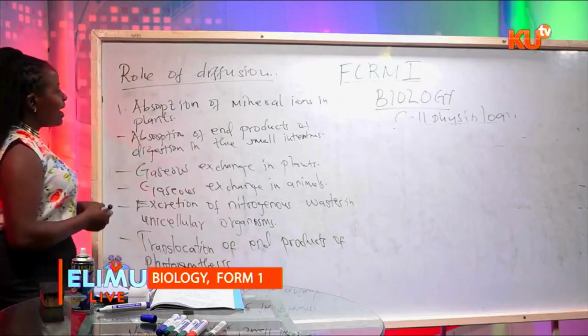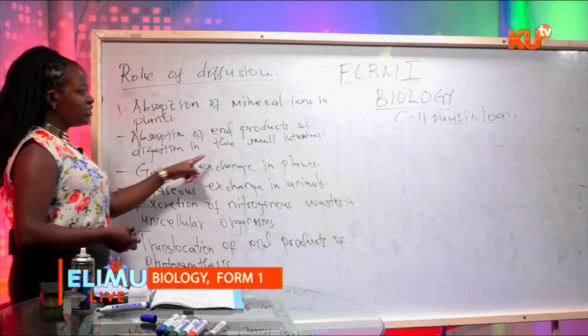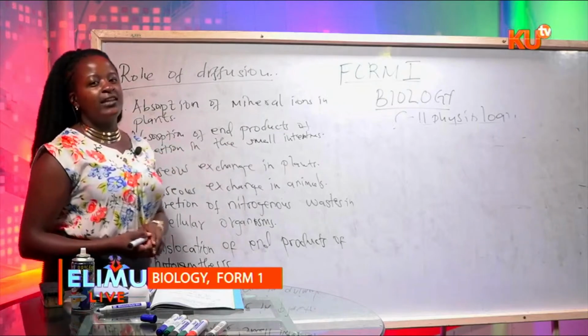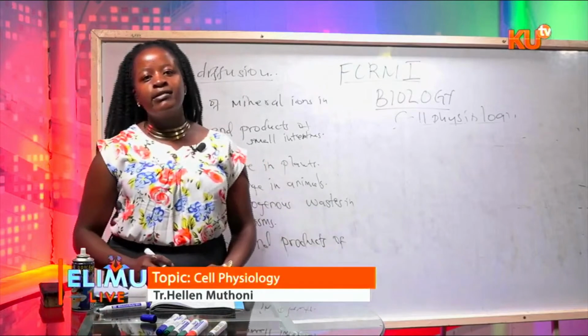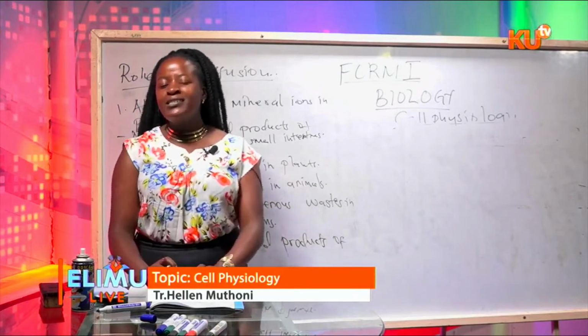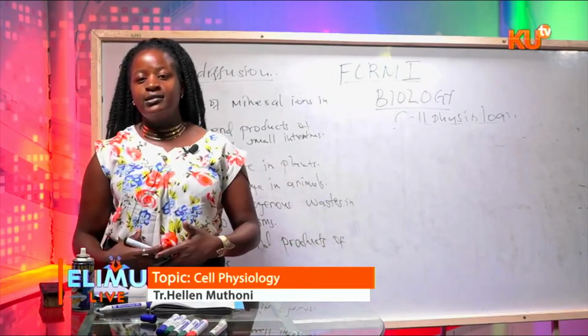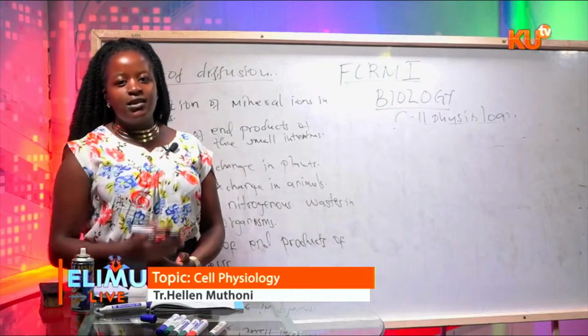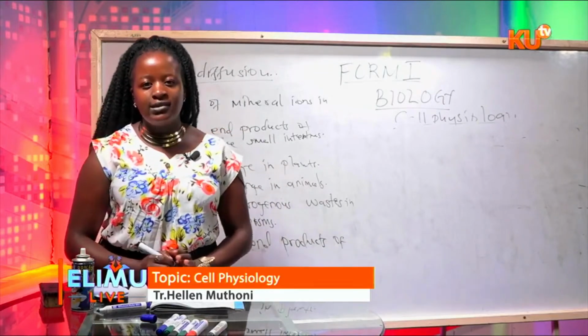The second one is absorption of end products of digestion in the small intestines. Living organisms such as mammals, we be specific on human beings, the process of digestion ends in the small intestine. Digestion is the breakdown of complex food into simple substances.